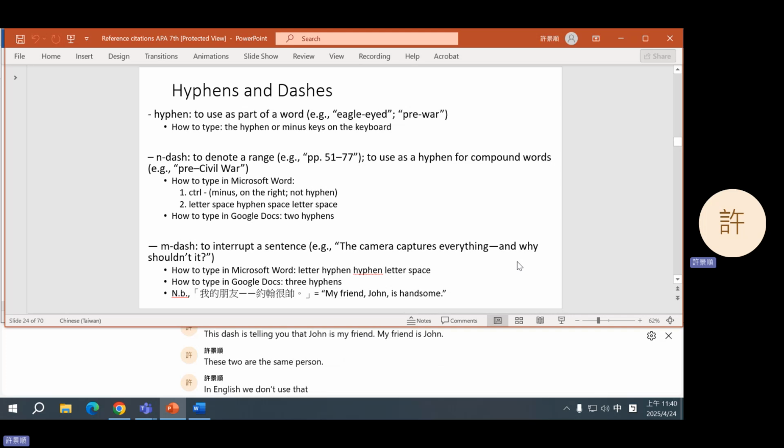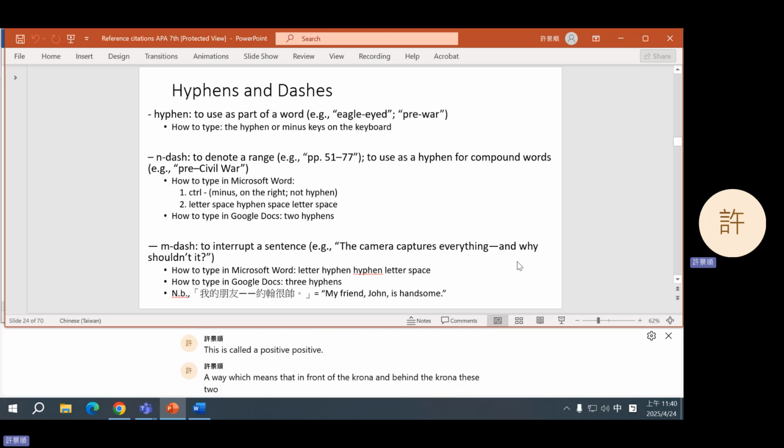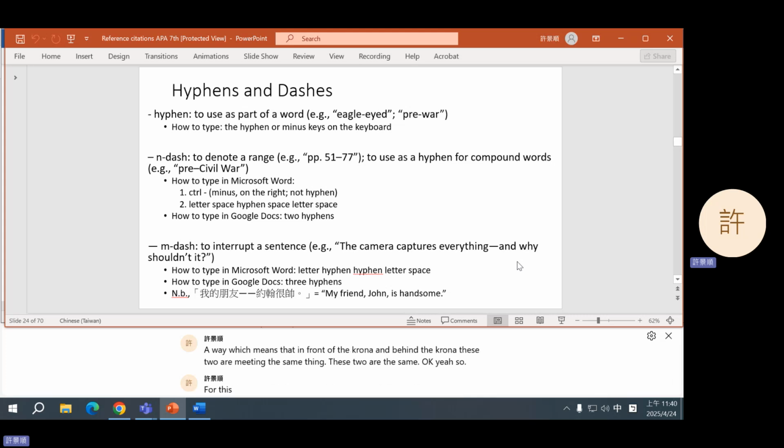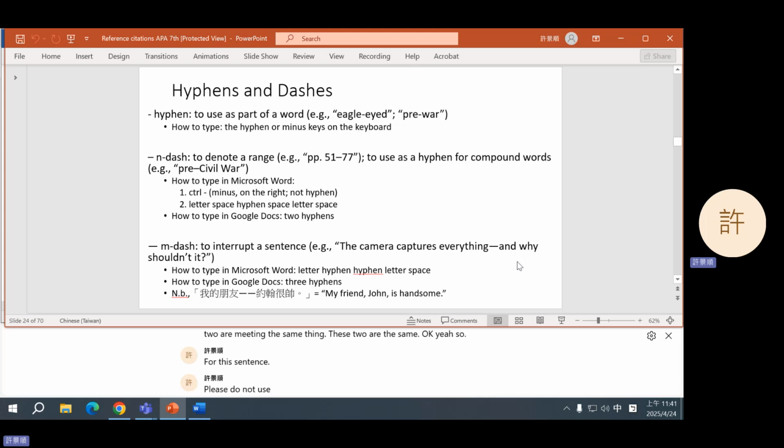In English, we use two commas. Technically, the name is extra information, so you put it in between two commas. In grammar, this is called an appositive. 同位语, okay. 同位 means that the parts in front of the comma and behind the comma mean the same thing. These two are the same. So for this kind of sentence, please do not use dashes in English.